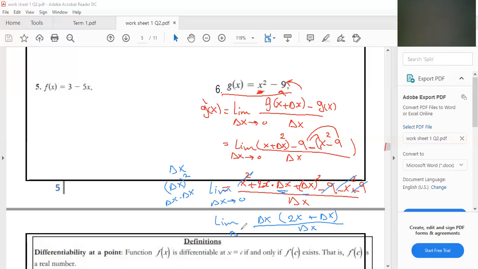When delta x approaches 0, here it is a rational function, so I use the rationalizing technique. Take a common factor here, then cancel this one with this one. It will be the limit of 2x plus delta x when delta x approaches 0.